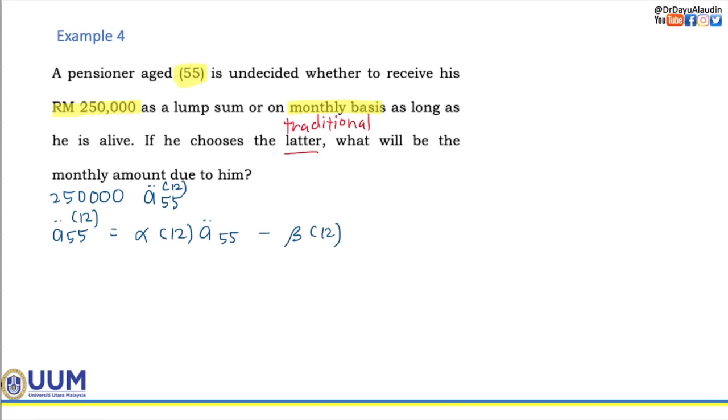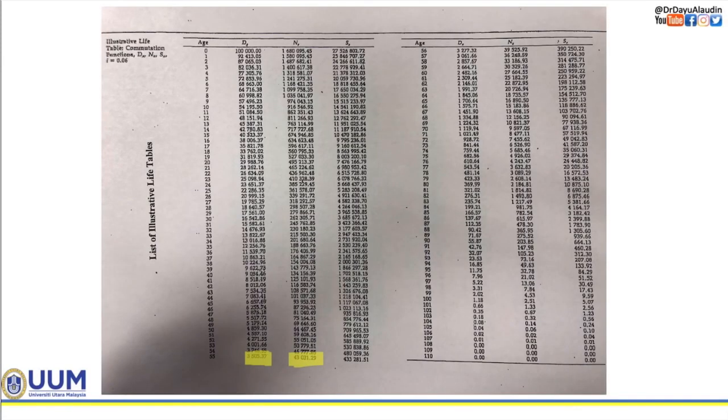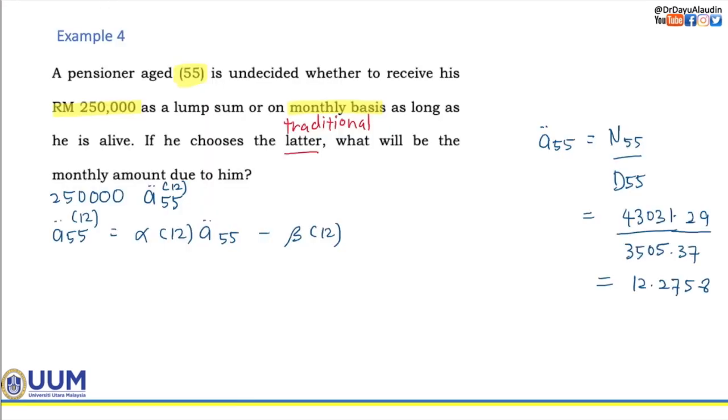And then this is the basic formula for both cases, traditional or UDD, but the difference is only how we determine the alpha and the beta. First, we find the annuity at 55 for once payment per year, and we have to refer to the table, N55 and D55 here, this row, and then we substitute the values and we got 12.2758.